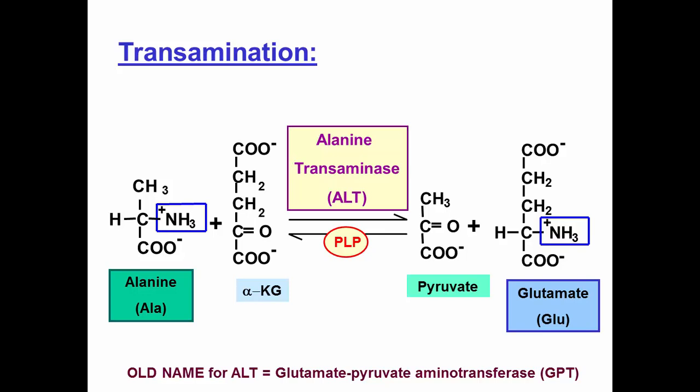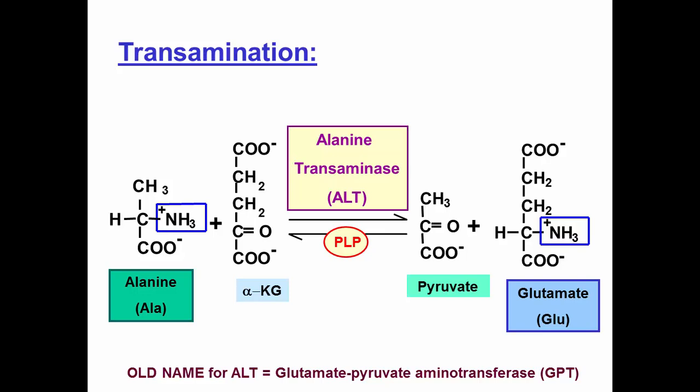So liver, heart, and muscle are big tissues in terms of the concentration of transamination reactions, AST and ALT. We can use those clinically to help us differentially diagnose what might be going on with liver failure, for example. And I'm not going to give you too much more detail about that.